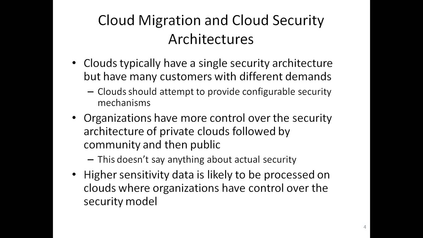So organizations who have sensitive data might want to use private cloud so that they could have control over the security model of the cloud. Sensitive data is most likely to be stored in private cloud where no one else is sharing the cloud with you.